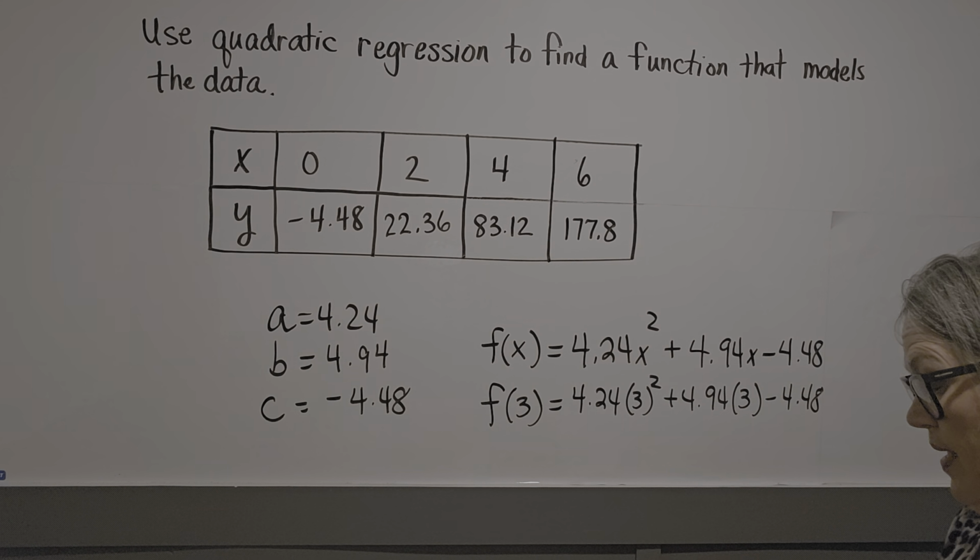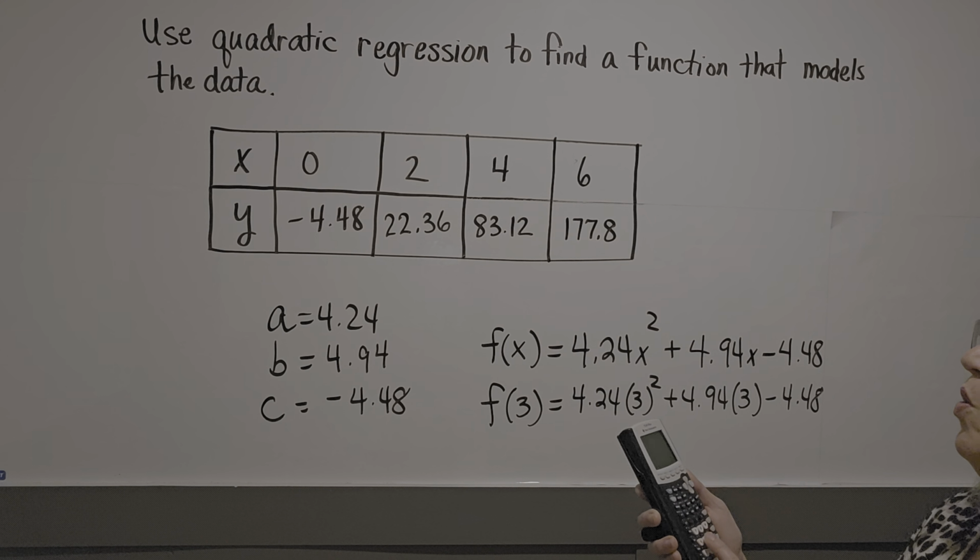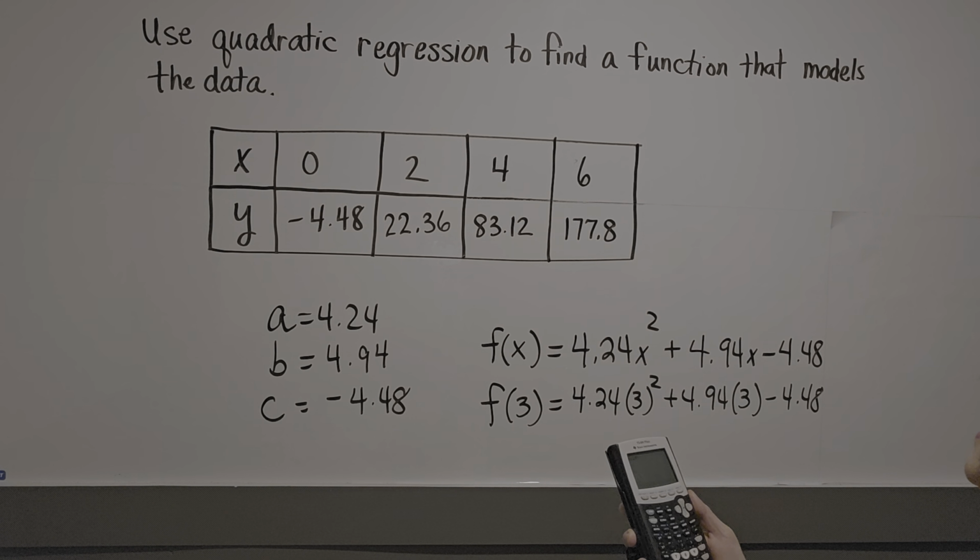Okay, so I'm going to do that calculation. So 4.24 times, 3 squared is 9, so I'm just multiplying by 9.